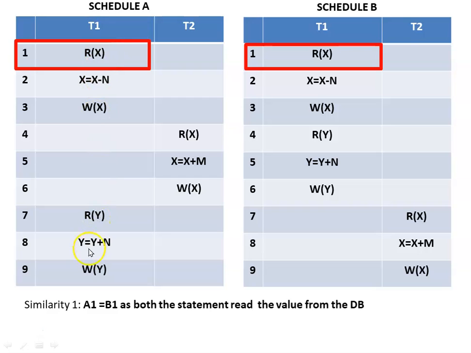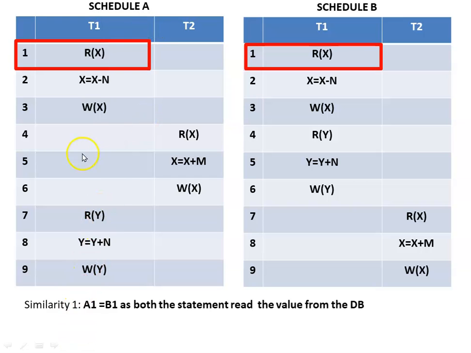So the same set of instructions in the non-serial schedule, the same set in the serial schedule, and the same set of instructions in T2 of schedule B. Now according to the algorithm, we check for the initial instructions, intermediate instructions and the last instruction.